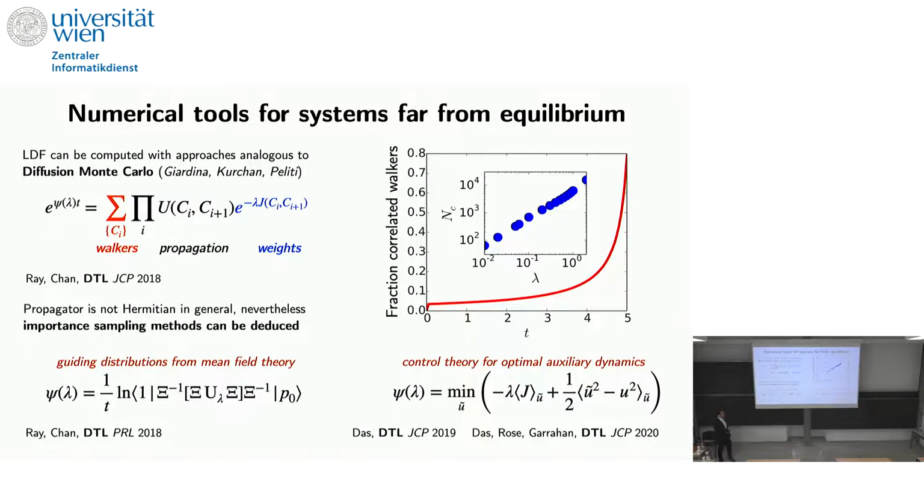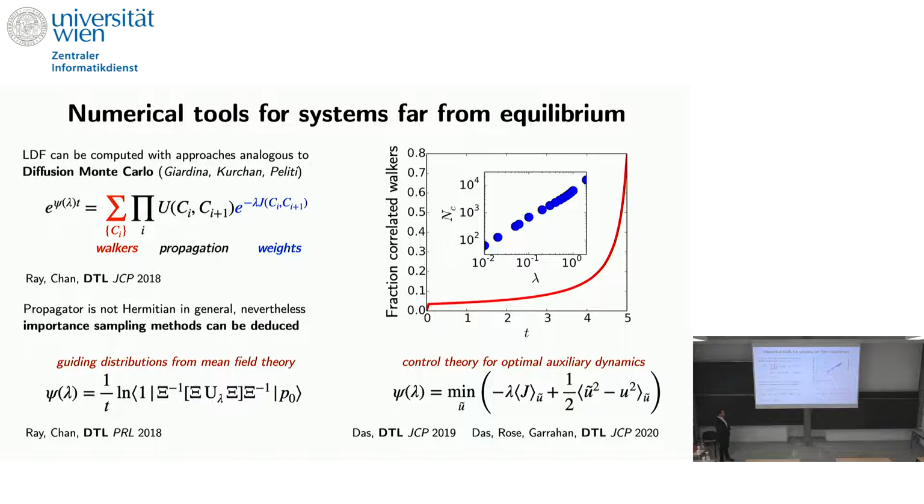What this looks like in practice is essentially a set of forces that you add to the system to help encourage it to go to those rare fluctuations. Right? You could write those down analytically and do similarity transforms on those propagators, or you could just try to let the computer learn them. So this is some work we've done recently with Wanpei here, where you try to iteratively find the best driving forces to encourage those rare fluctuations.